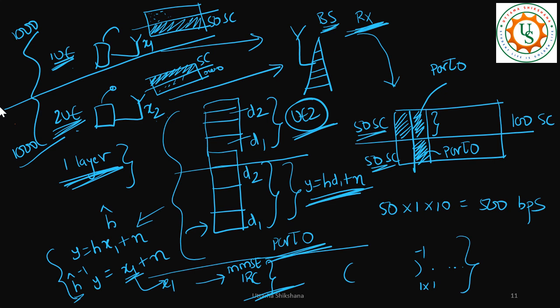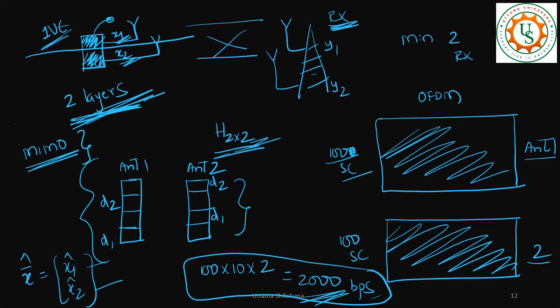But if you want to utilize the first antenna and second antenna for the complete full subcarriers, and if you want to treat this entire thing like a single UV two layer, then definitely at the base station we need to have two antennas. Similar to two layers, we need a minimum of two RX antennas.